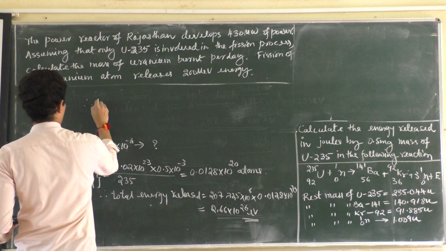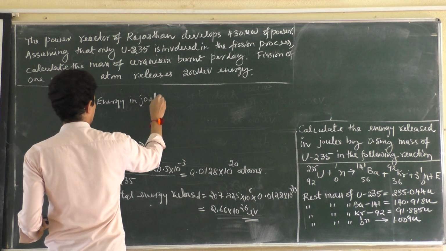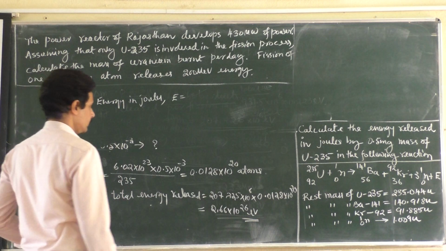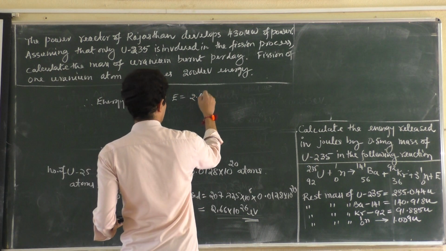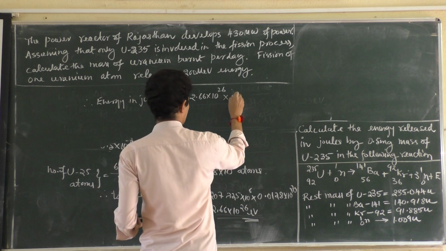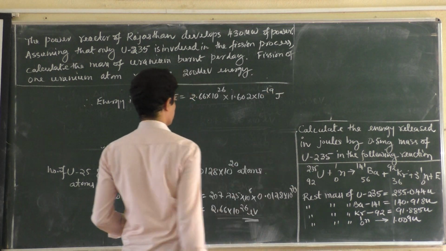Therefore, energy in joules is given by 2.66 into 10 to the power 26 electron volt into 1.602 into 10 to the power minus 19, so many joules.